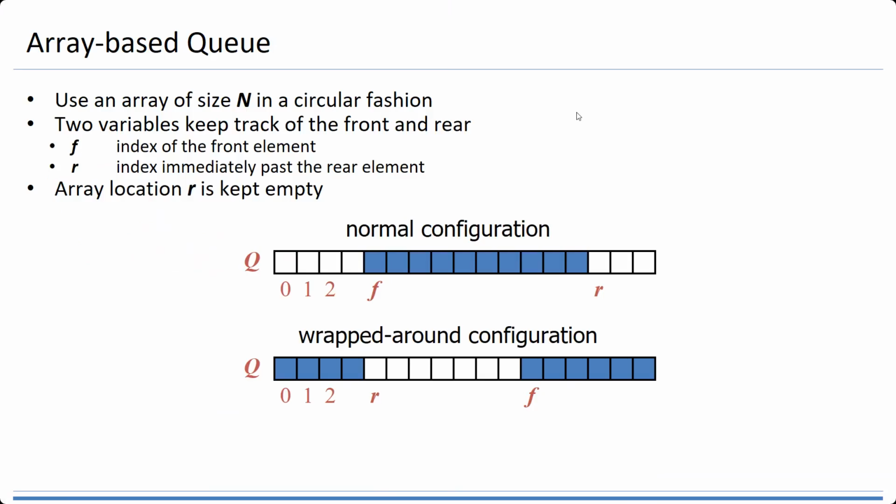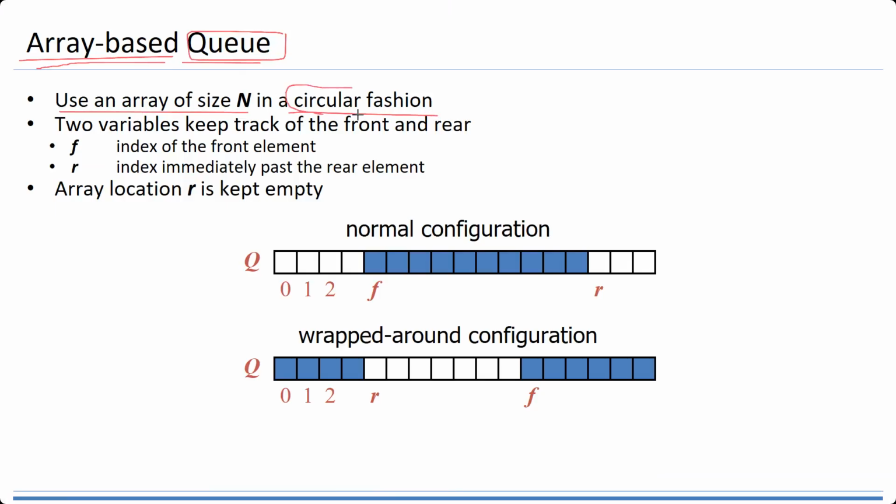Now, when we use the queue, we can also use it the same like the stack. We use an array for the implementation of the queue, or we call it an array-based queue. We use an array of size n in a circular fashion.